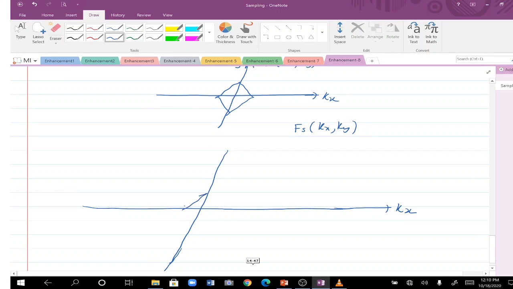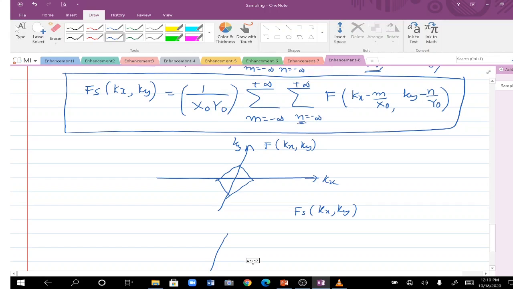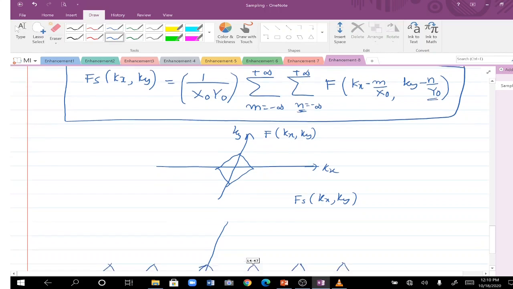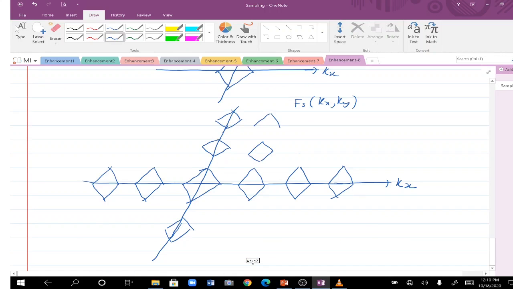Now I'm going to have copies of it placed. If you look carefully at the way the x and y are changing, you will have different copies of it placed. n equal to 1, let's say, that's equivalent to having copies at 1 by y naught. Bear with my wonderful drawing skills.